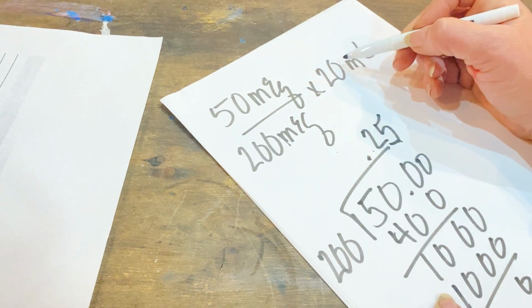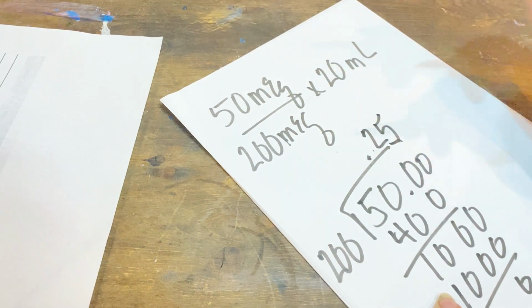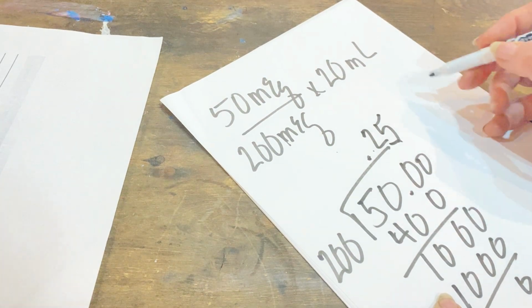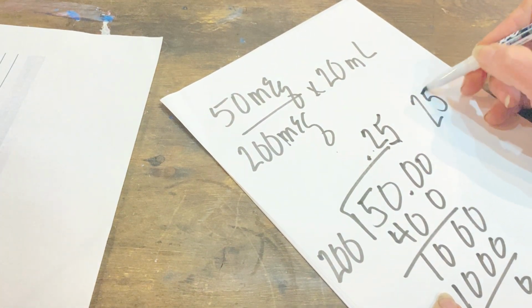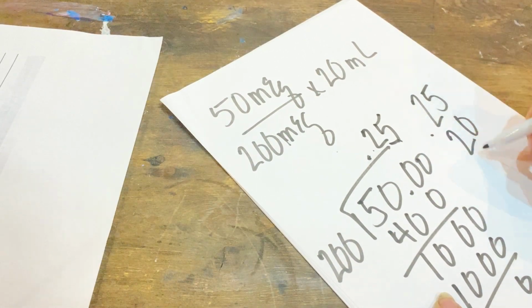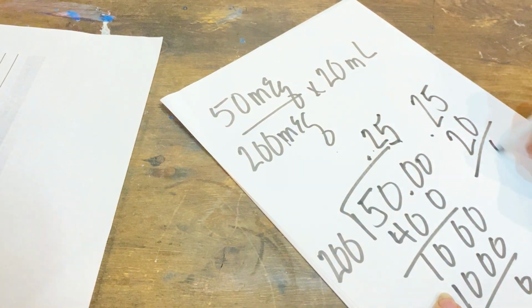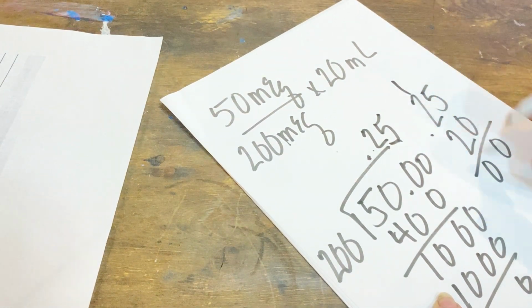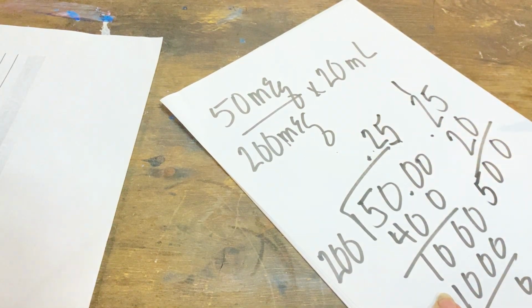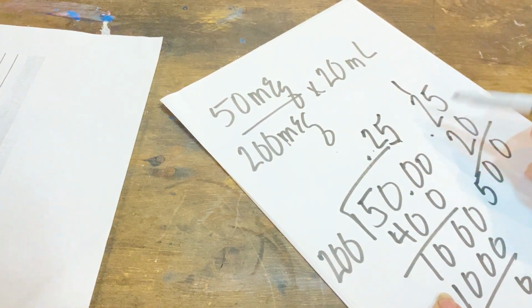We have to do 20 times 0.25. In your handy-dandy calculator, if your instructor was wise enough to let you use one. 2 times 5 is 10, put that up there. 2 times 2 is 4, plus 1 is 5.